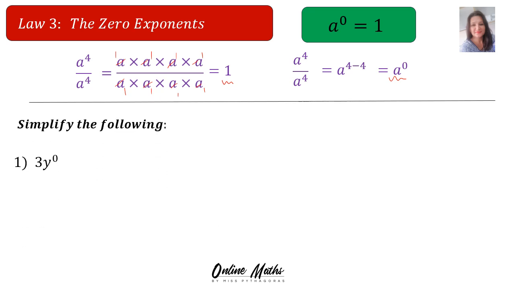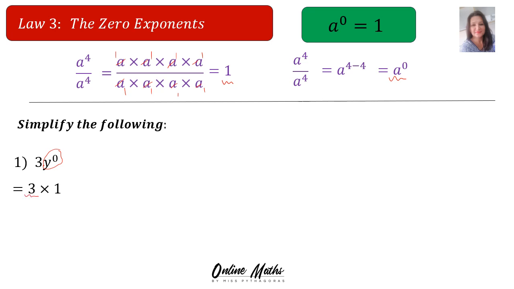Simplify the following. On number 1, you find 3y to the 0. Remember, if there's nothing there, there's an invisible times. So in fact, it's only the y to the 0 part that's equal to 1. You still have the coefficient 3 in front.